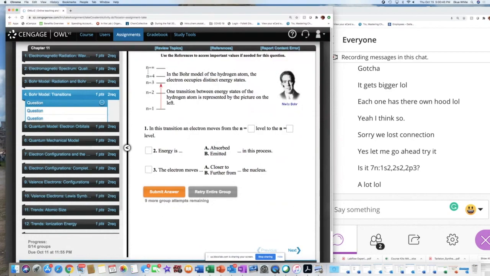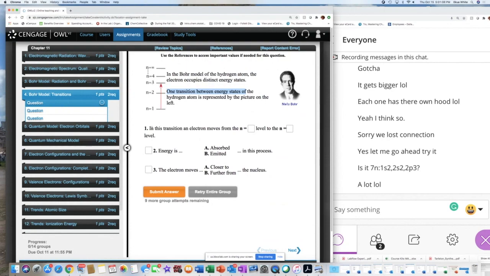This is Niels Bohr when he was younger. In Bohr's model of the hydrogen atom, the electron occupies distinct energy levels, and they show them to you right here: energy level 1, 2, 3, 4, all the way to infinity. One transition between energy states of the hydrogen atom is presented by the picture on the left. You can see this is the home state, and it's going to an excited state.